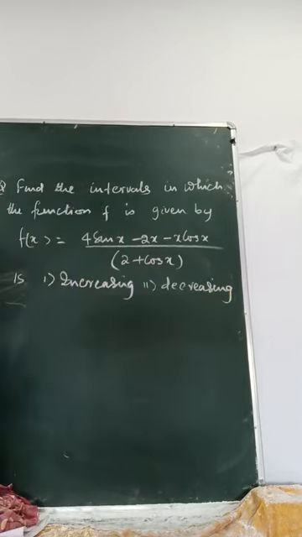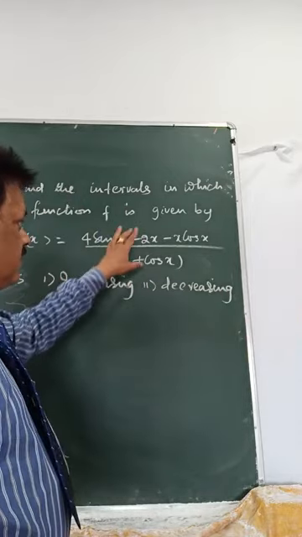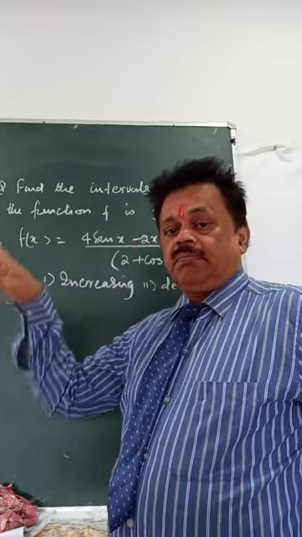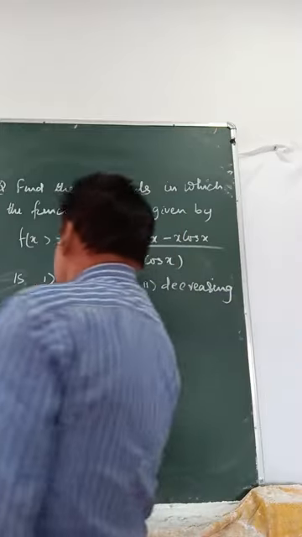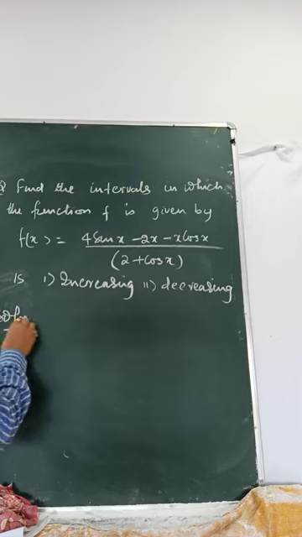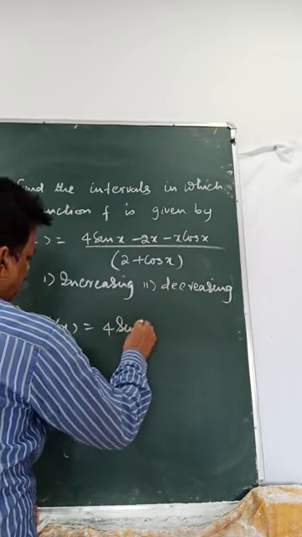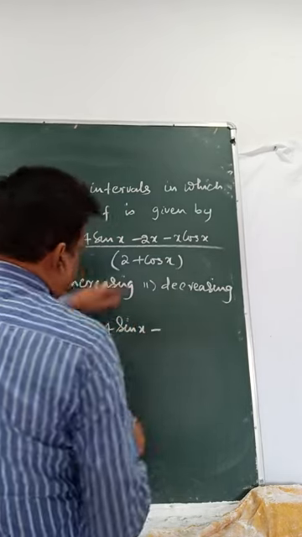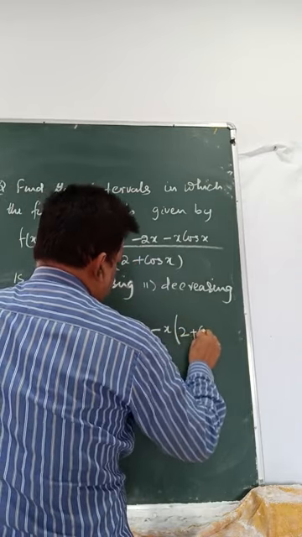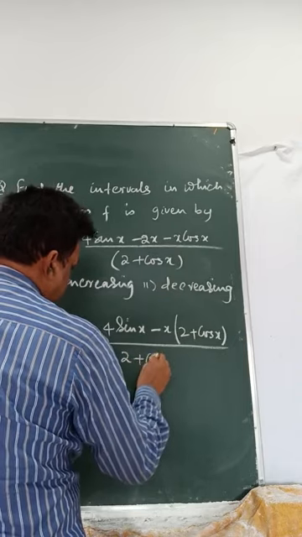Okay, so the same steps you were doing earlier. What you have to do is find the derivative, find the value of x, then make the intervals and solve it. So what is our f(x) given to us? 4 sin x minus x... look here, I can take minus x common, it will be 2 plus cos x divided by 2 plus cos x.